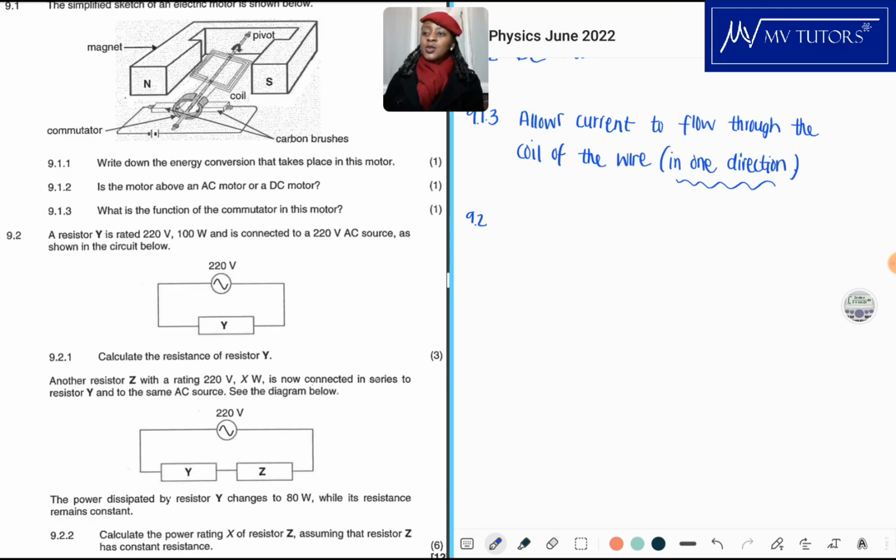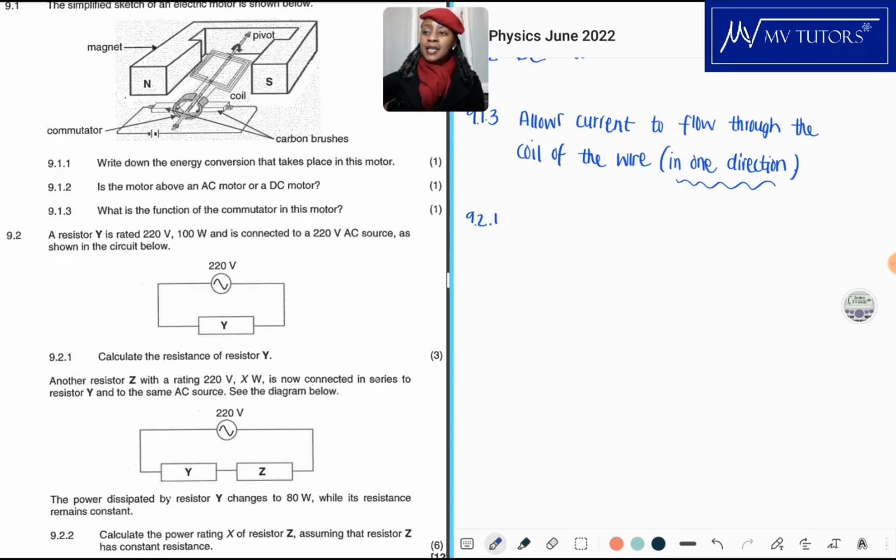For 9.2.1, they would like us to calculate the resistance of resistor Y. This is where we deal with the root mean squared, so I_rms, V_rms, and you can have a look at the equations that you are given.